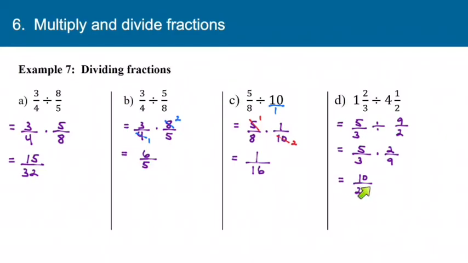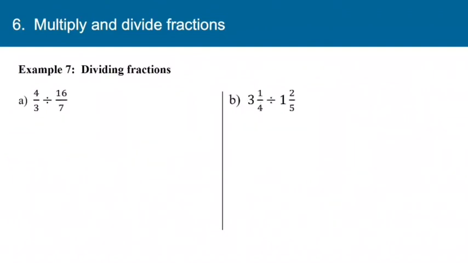This fraction cannot be simplified, and it's also not even an improper fraction, so it also can't be converted to mixed number form. But if it were improper, we would be required to convert it back to mixed number form because this was a mixed number problem.